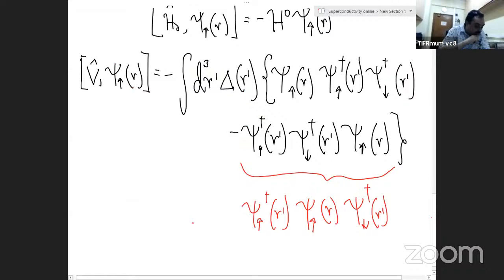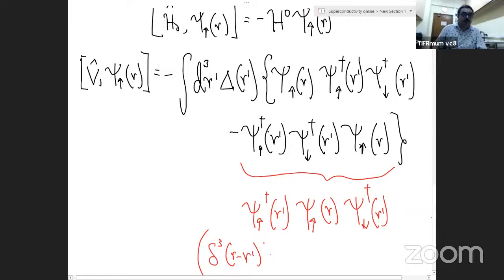Okay, I will take the first two terms and apply the commutation relation, and then what I will get is this. Delta Q, R minus R prime, minus this into this last term.